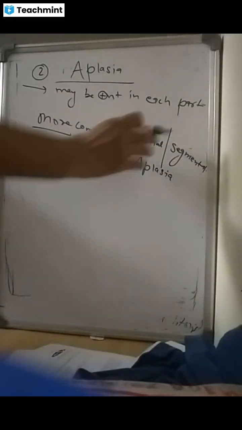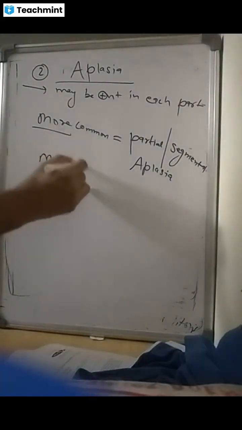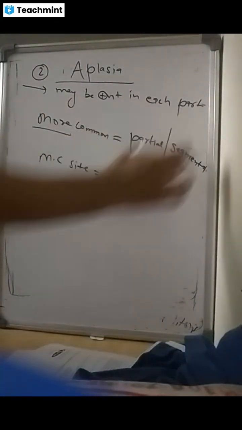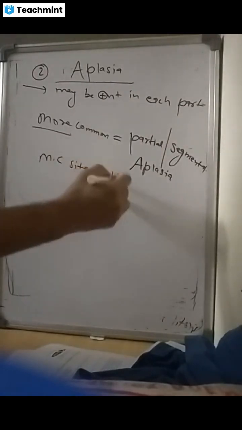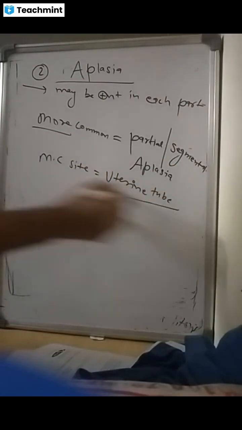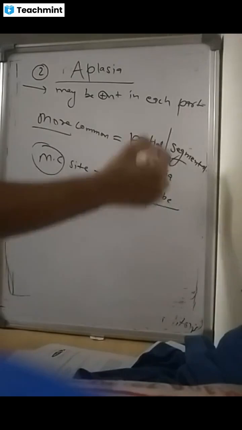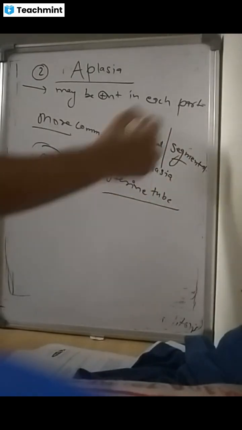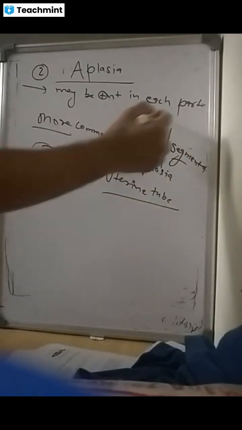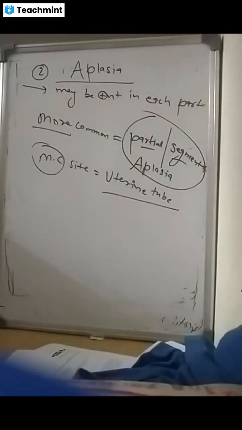Segmental is the more common type. The site for this segment is usually the uterine tube. These are the sites, and partial is also called segmental. Some segment of the duct may be affected.